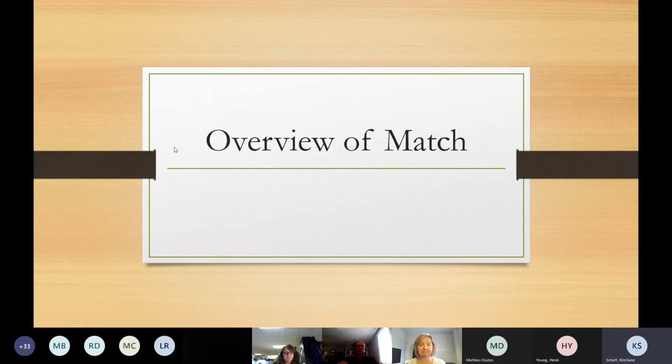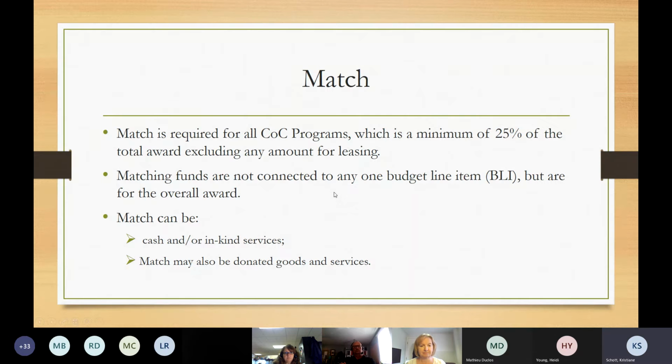So I'm going to go into match. Match is one of the things that is required for all continuum of care programs through the NOFA. Match is 25% at a minimum of the total award amount, with a caveat that this includes any project that is awarded leasing funds.